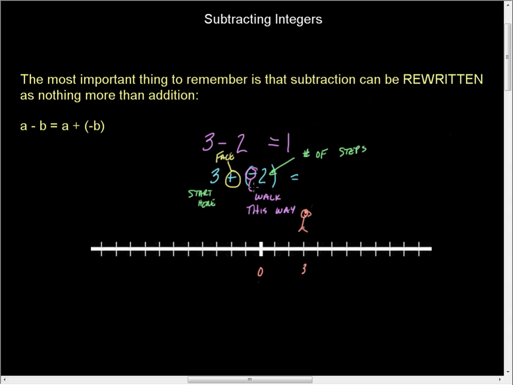He's going to walk backwards 2 spots. So he starts at 3 and walks backwards 1, 2 spots. He ends up at 1, which is where we predicted him to end up anyway. Luckily, he didn't have to walk very far. That's why he's still happy.